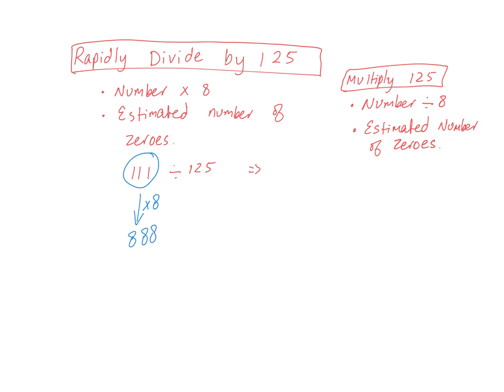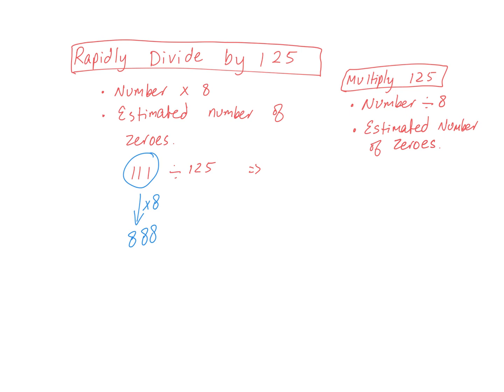And now if we go through the table of 125, 111 is below 125. So that means this answer should be less than 1. Does that make sense? 111 is below 125, so the answer should be less than 1.